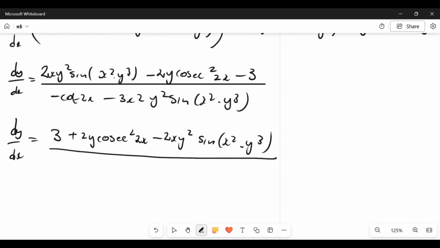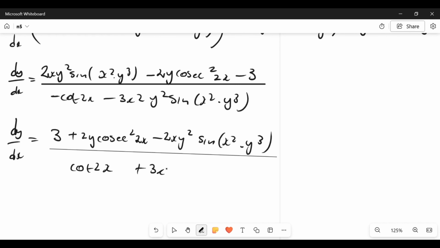All this is divided by positive cot 2x plus 3x squared y squared sine x squared multiplied by y cubed. So this is basically the final answer.